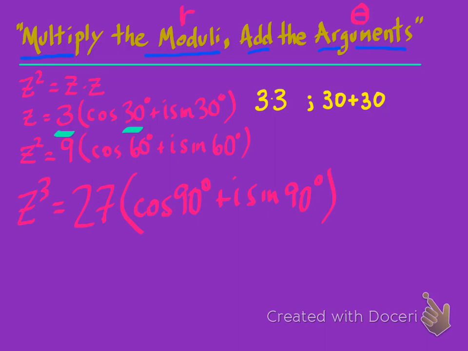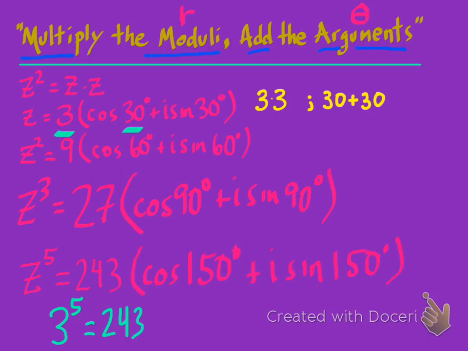So if we did something like z to the fifth, the modulus is going to be 3 to the fifth power, which is 243, and my angle will be 150 degrees, because 5 times 30 is 150.